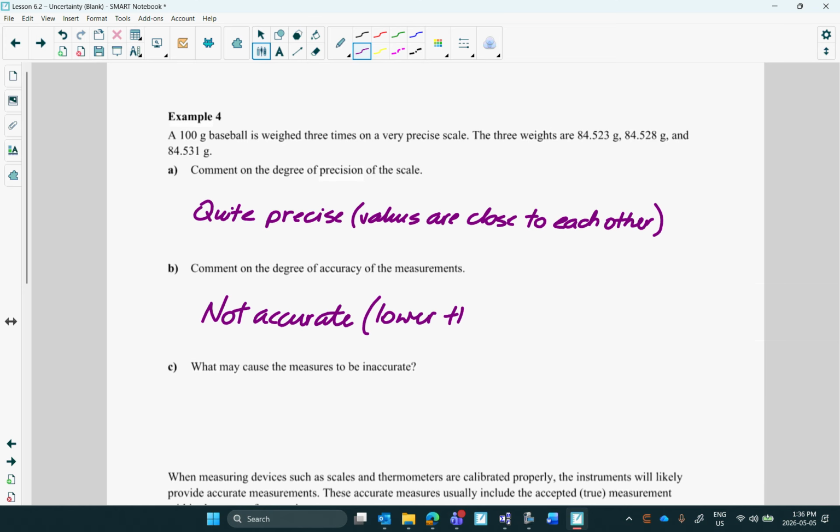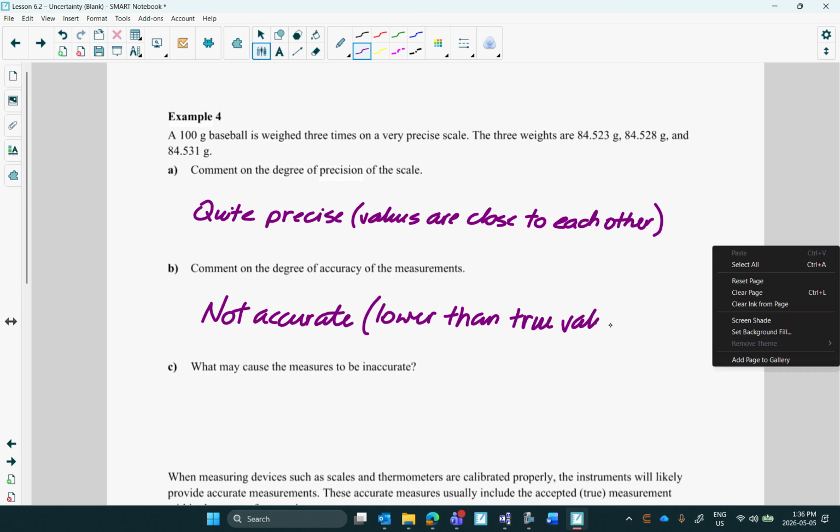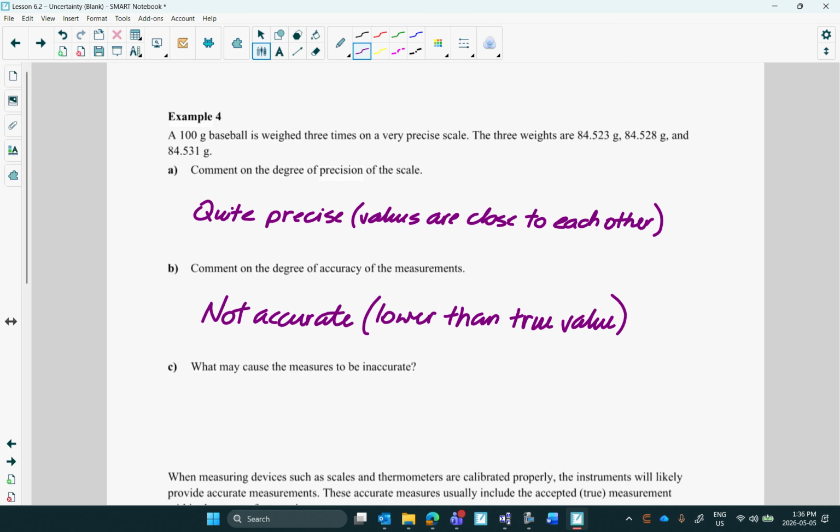Lower than the true value by quite a bit. Okay? Make sure you understand the difference between those two.